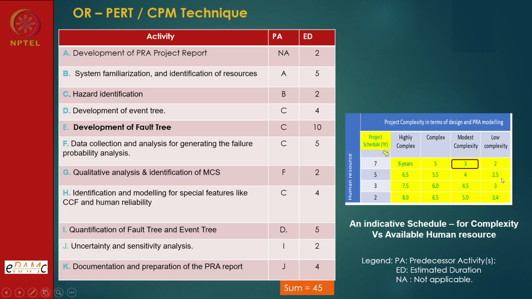From a couple of projects that I have done, I could get the sense of how many people are required and how much time that mandates. If management says this plant is going to be started in 2 years, then I have to increase the manpower and show them. This is an experience based chart, and these are all indicative. Everybody can have their own experience and schedules.